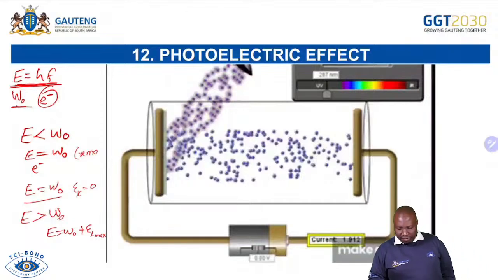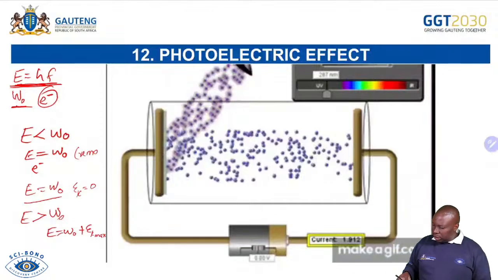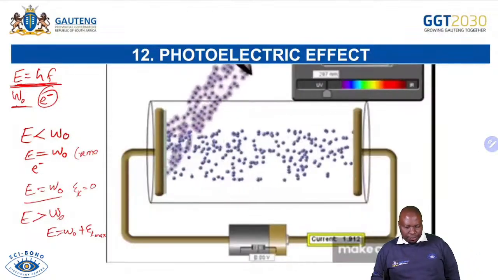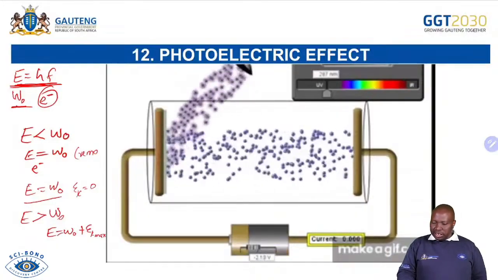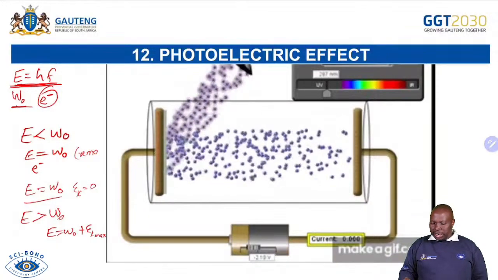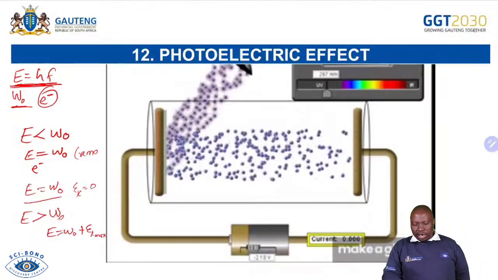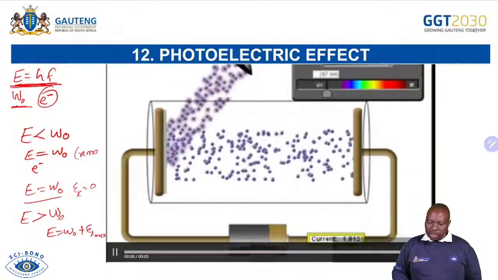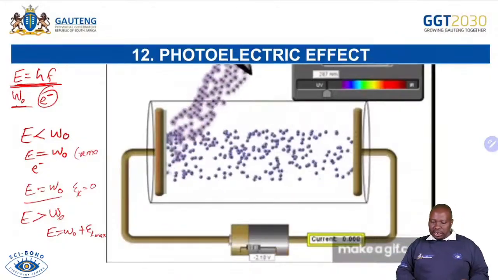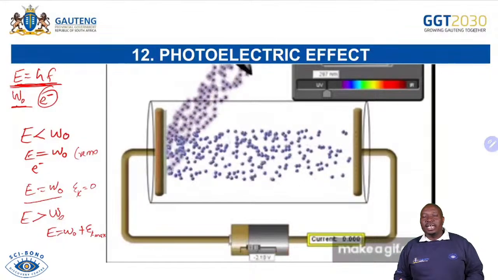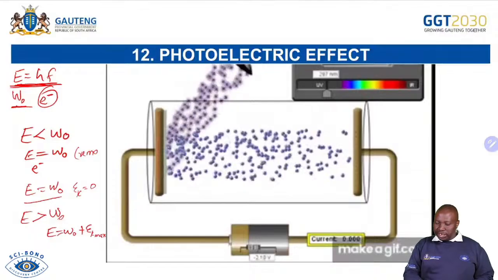Now, if I can show you the demonstration, you can see we have our UV light exposing, and when this is exposed, you can see what happens when the light hits our cathode. Here we have our cathode. It's a nice experiment.